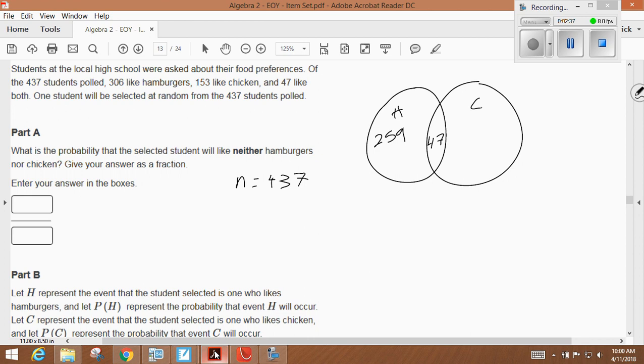So some of these people that like chicken also like hamburgers, right? So in order to figure out what this is, I need to get my total people who like chicken and subtract 47. 106. All right.